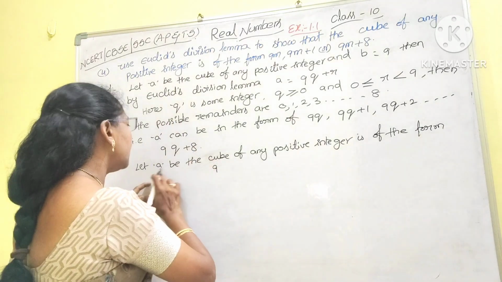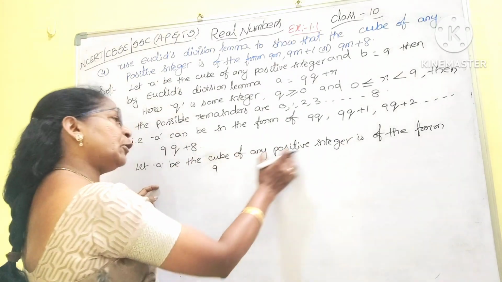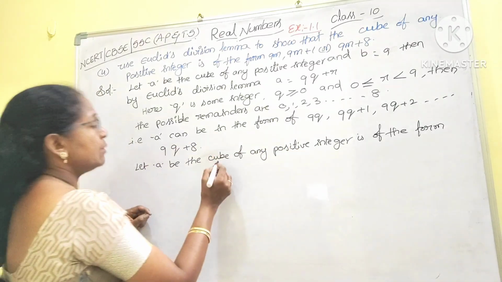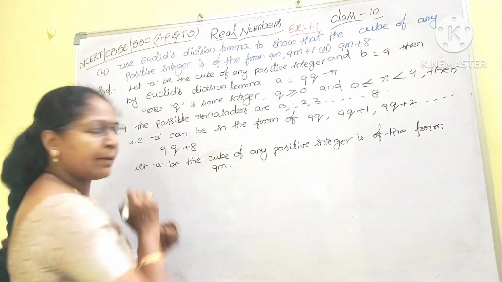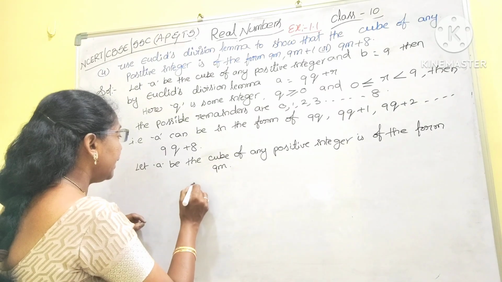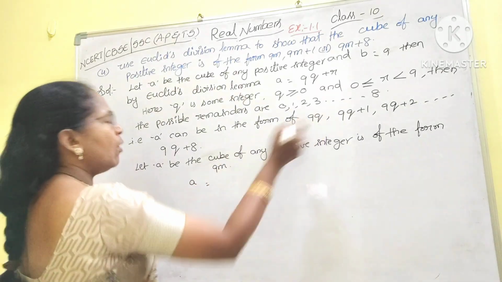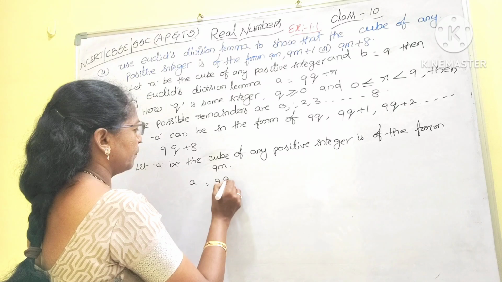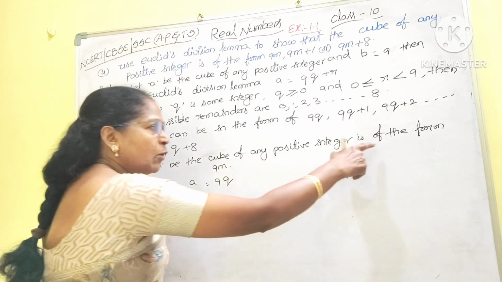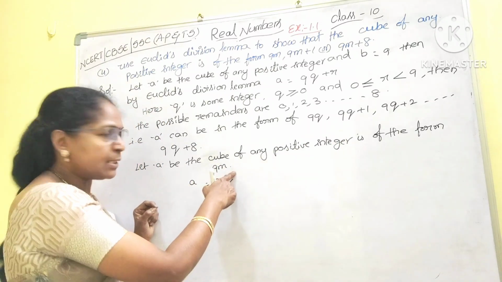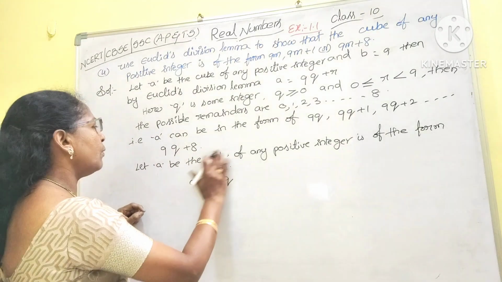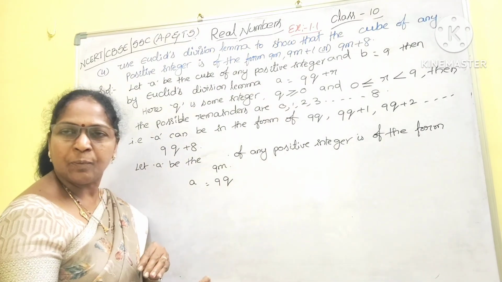First you have to assume that A, the cube of any positive integer, is of the form 9m, as given. That means here A equal to 9Q. If the cube of any positive integer is of the form 9m is given, first you have to write this down, after that you can find out the cube of any positive integer.